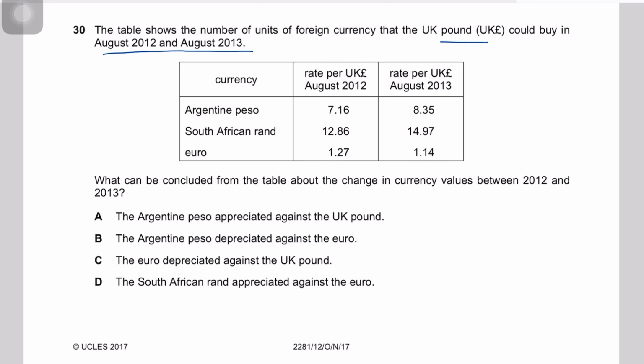So first let's see what option A is telling us. Option A is telling us the Argentinian peso appreciated against the UK pound. So first of all, if 1 pound is equal to, let's say, 7.16 pesos in 2012, what happened in 2013? 1 pound was worth 8.35 pesos, which means that the pound is appreciating, right?